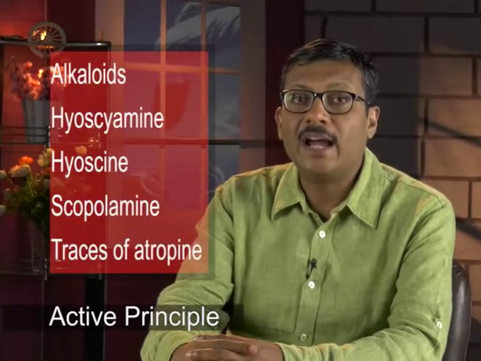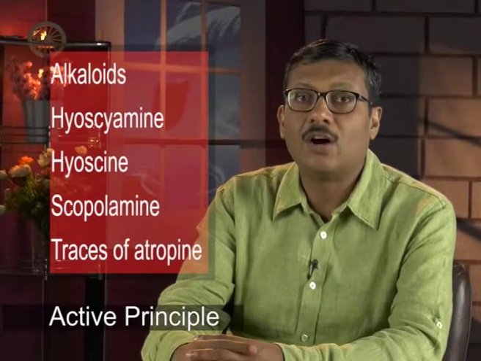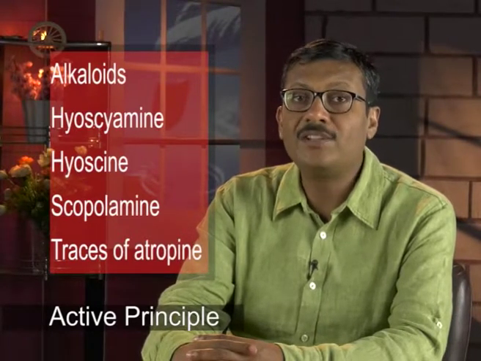Active principle. The active principle contains the alkaloids hyoscyamine, hyoscine or scopolamine and traces of atropine, commonly referred to as belladonna alkaloids. In the Italian language, belladonna means a pretty woman.